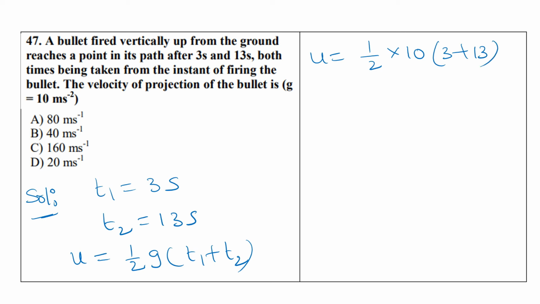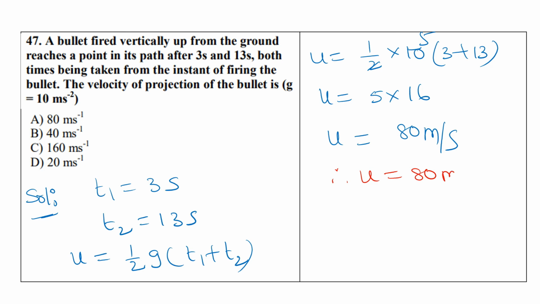So 3 plus 13. So u is equal to, here 2 ones 2, 2 fives 10, so 5 into 13 plus 3, 16. 16 fives are 80 meters. So therefore 80 meters per second. Therefore velocity of the projection of the bullet u is equal to 80 meters per second. Okay, next we will go to the next question.